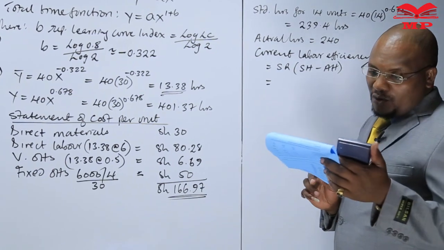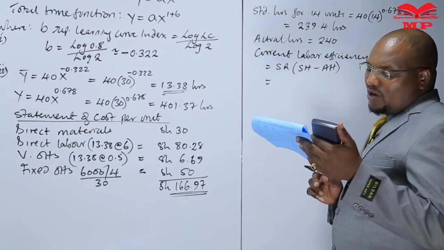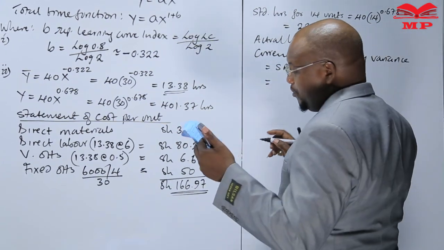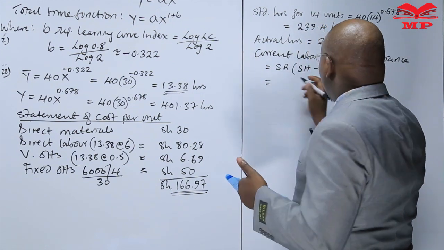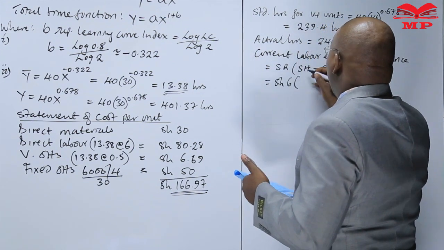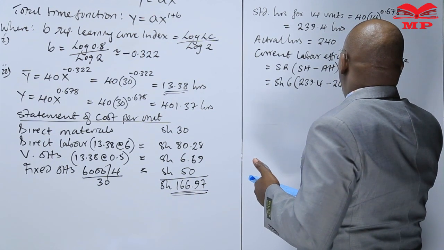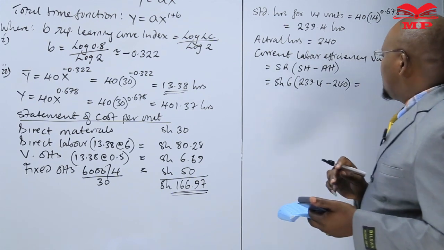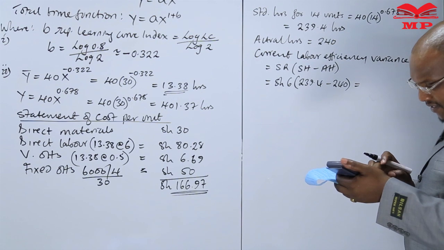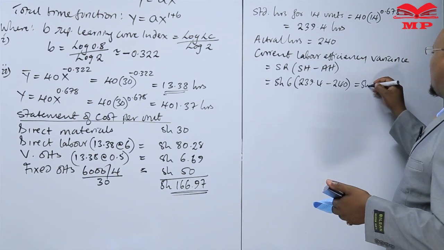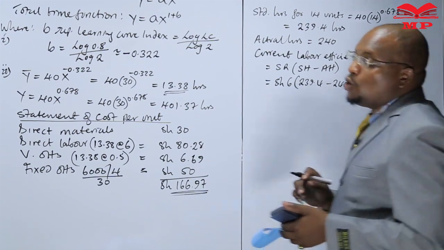The standard rate is what we are spending per hour, and for labor itself it is just 6 shillings, we take that to be the actual and also the standard. This is shillings 6 multiplied by 239.4 minus 240. This is just 0.6. In fact, 0.6 multiplied by 6 is shillings 3.6. This is adverse.